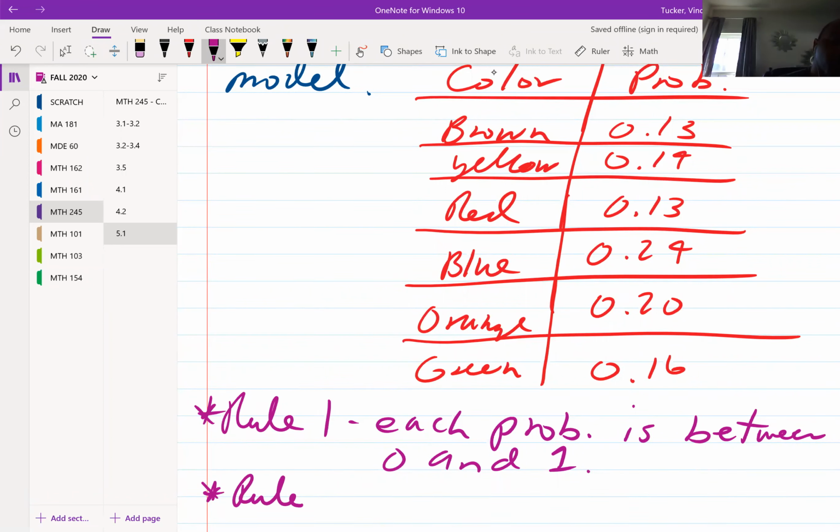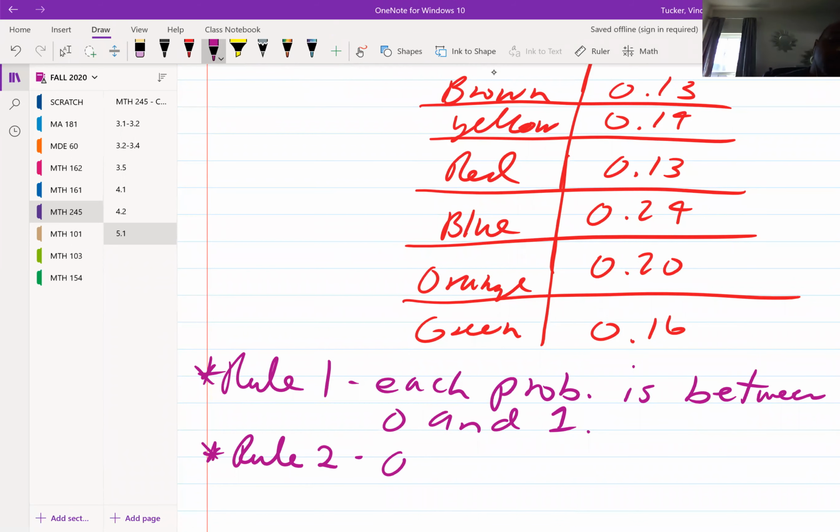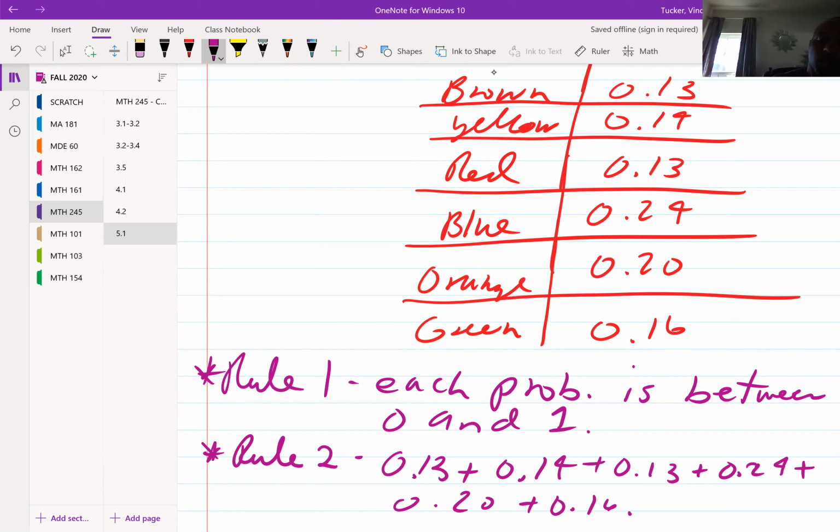And then rule 2, when you add up your probabilities, does it add up to give you 1? So we got 13, 13, 16, so that's 40, 60.